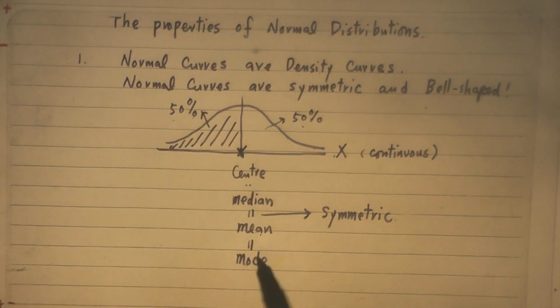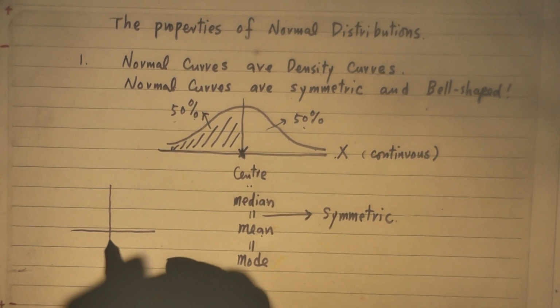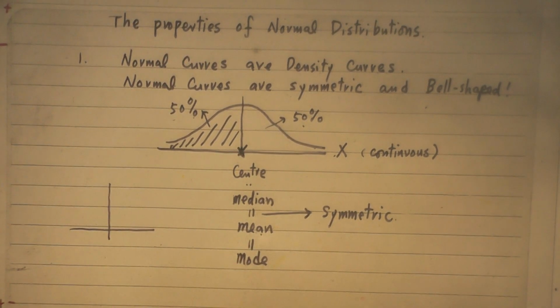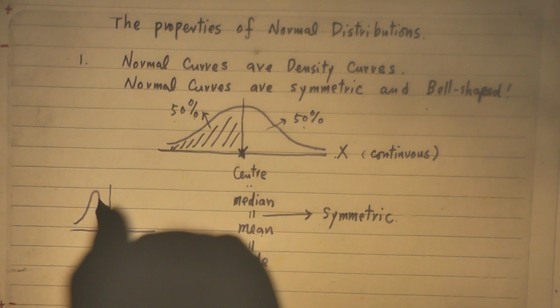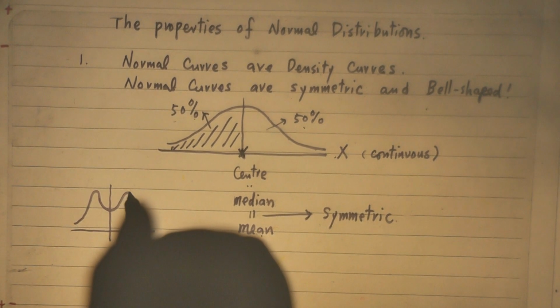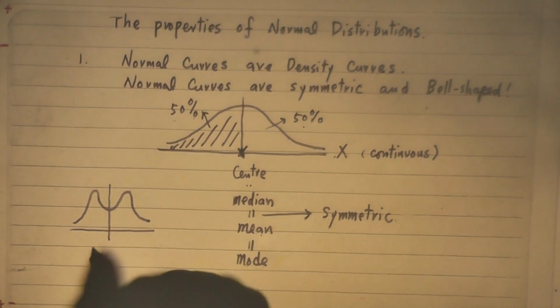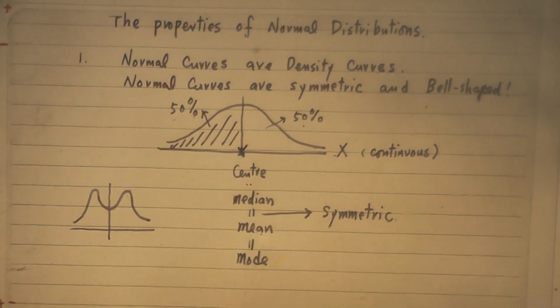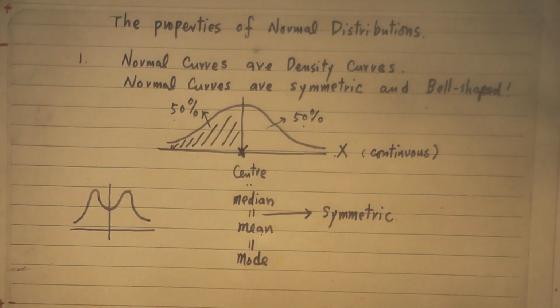There is an argument. Suppose this is the center. If the mode is not right on the center, then by the symmetric property, you're going to see another mode on the other side of the center. Then it won't be unimodal and symmetric.